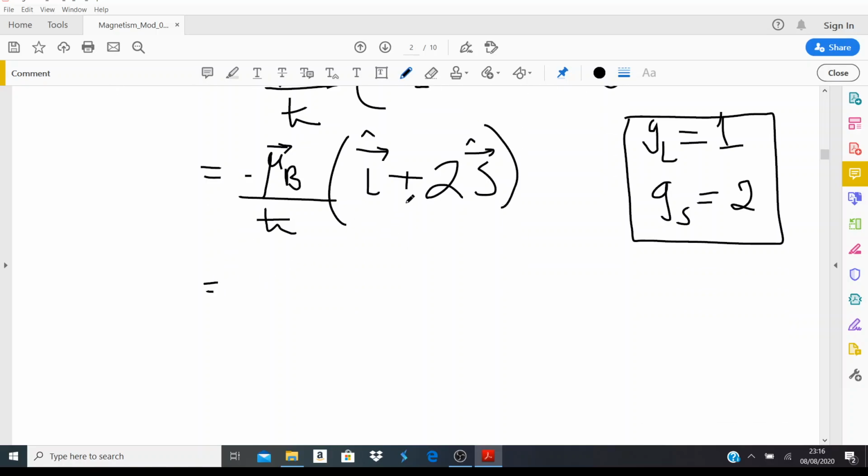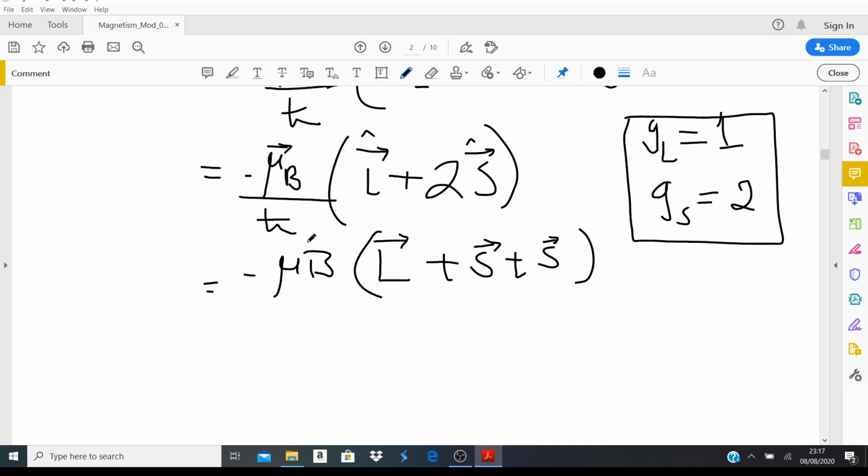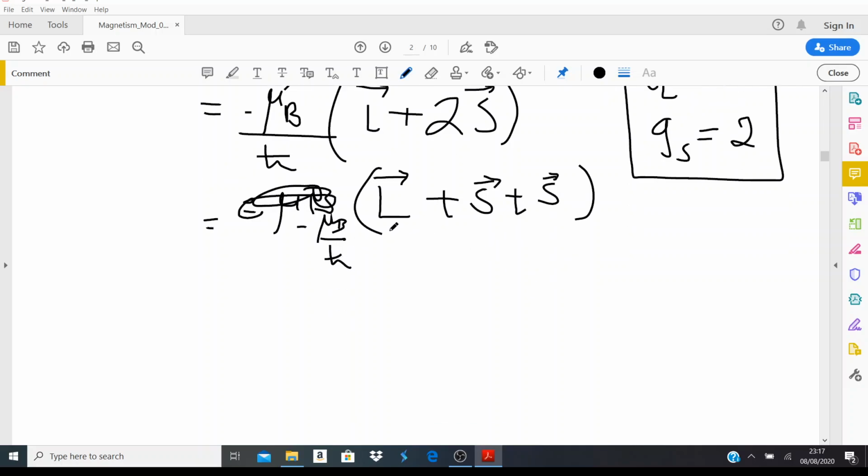Now you remember that this quantity can be written in this form, because we are just expanding the 2S, and outside we have mu B by h bar, the factor multiplying this. So what is L plus S?